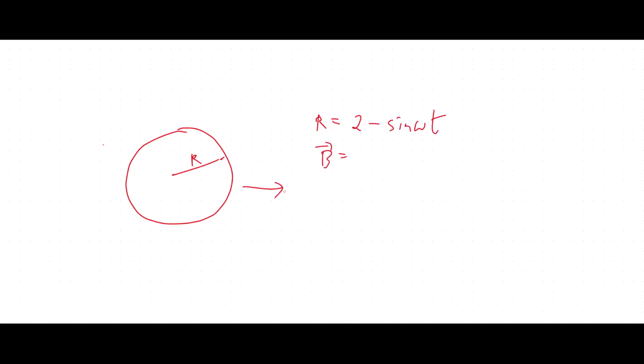So the magnetic field is 2 x hat minus 3 y hat plus 4 cosine 30t z hat.